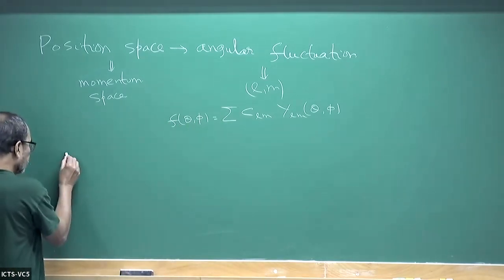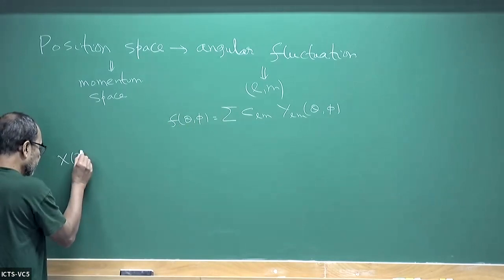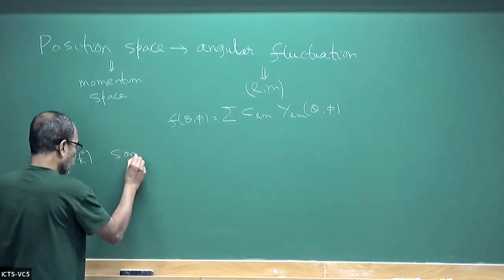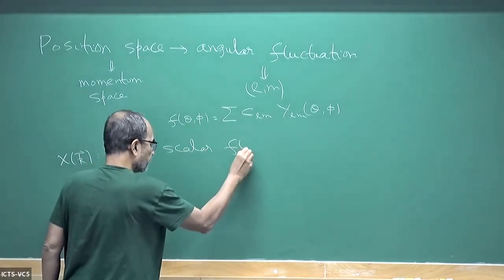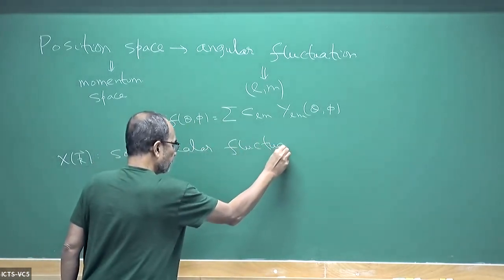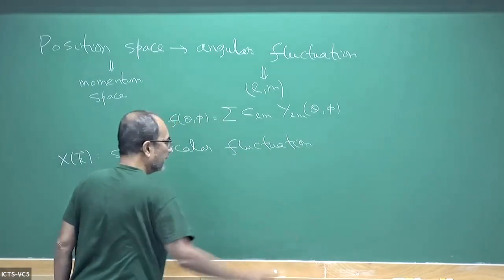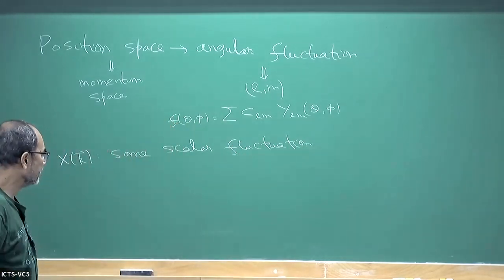So let's suppose that chi of k is some scalar fluctuation. For tensor fluctuation, you have to do it a little differently, but we'll see that later.